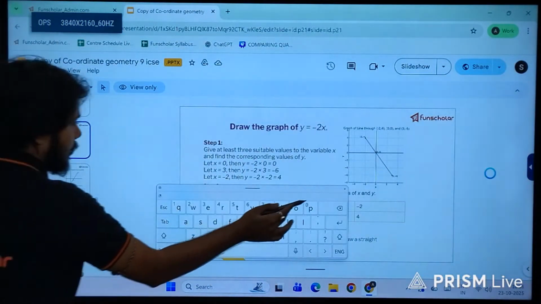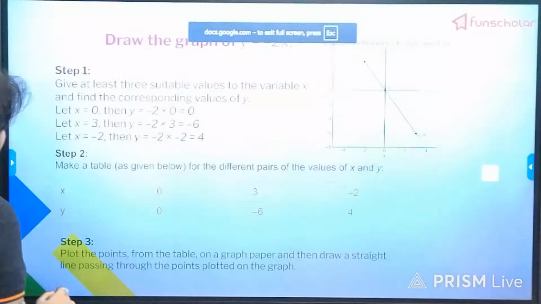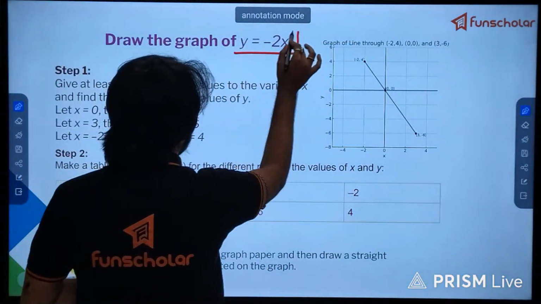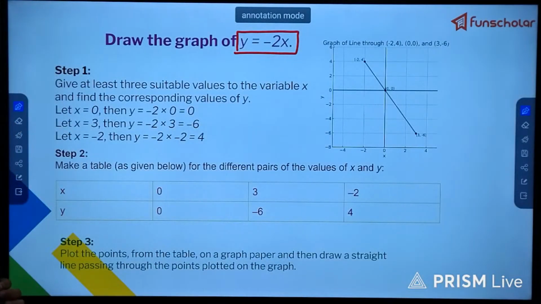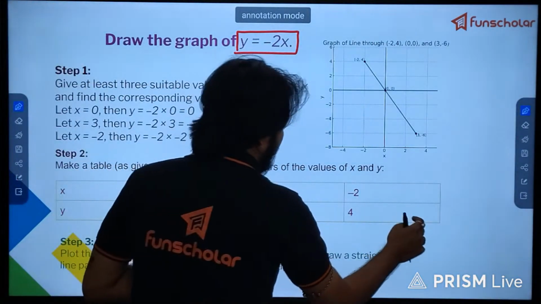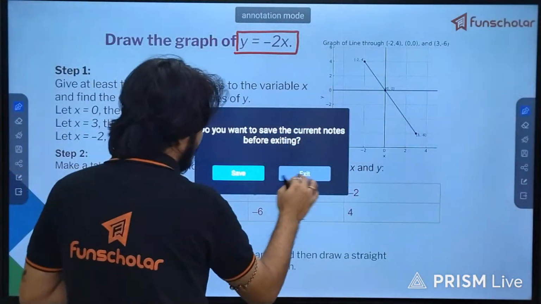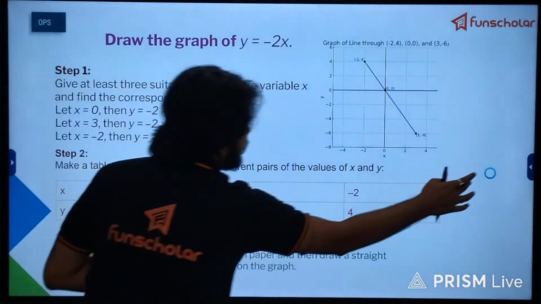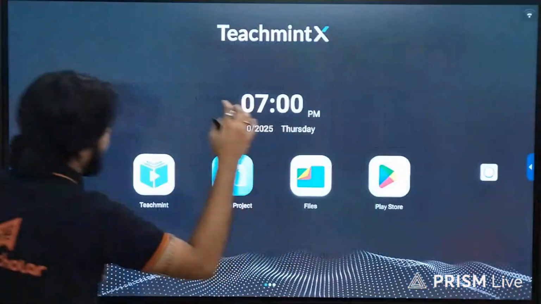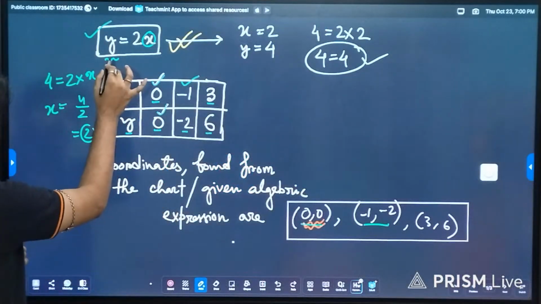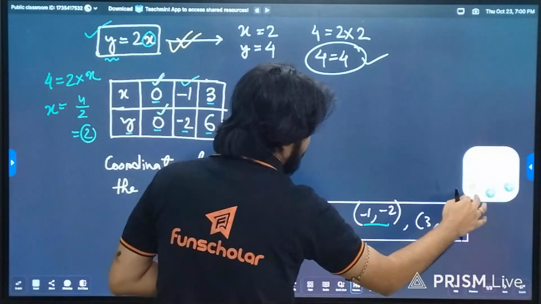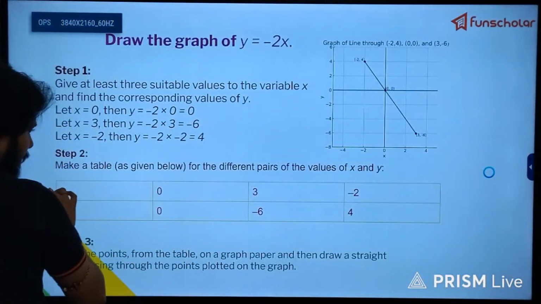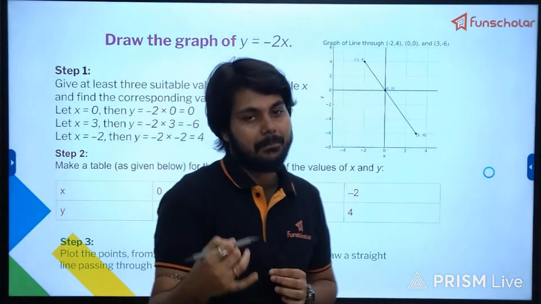Now, just try to draw the graph of this equation, y equal to minus 2x. The expression that I initially had taken was y equal to 2x. Now you need to solve y equal to minus 2x. It will be the same method.